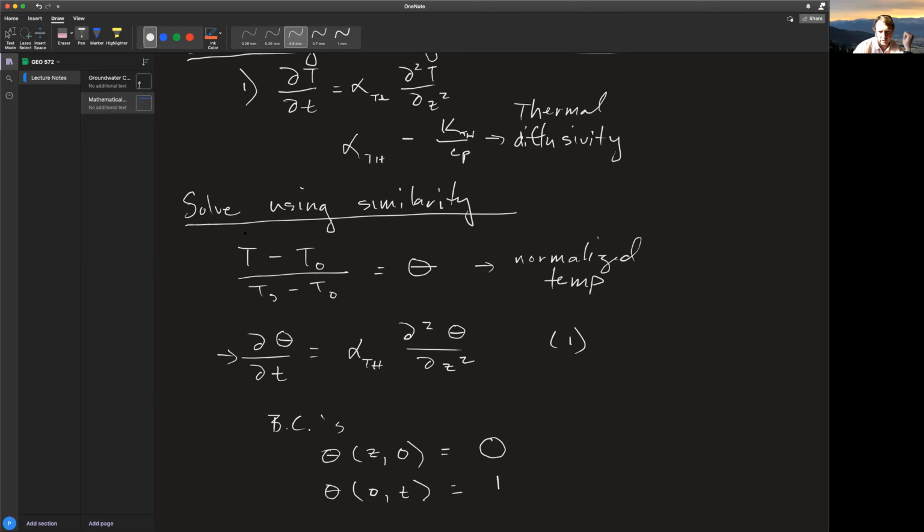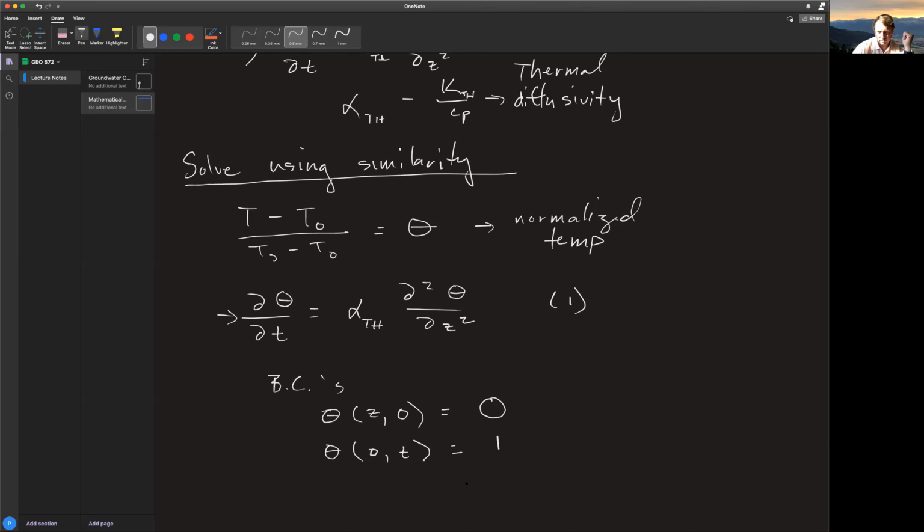So I have T naught minus T naught again. So at Z of infinity, for all times, my dimensionless temperature is equal to 0. So boundary conditions 0, 1, 0. Okay, so that is step 1, dimensionless temperature.